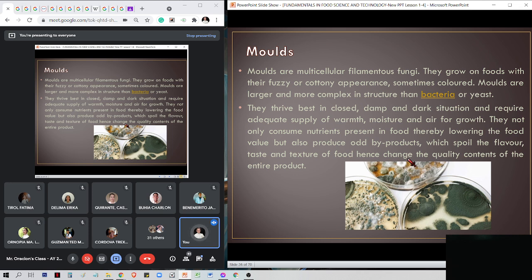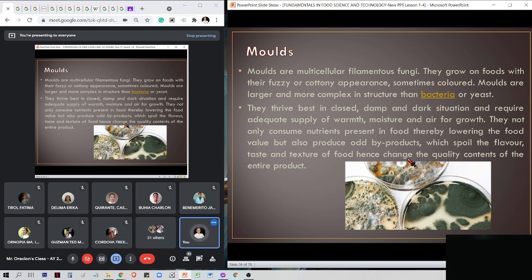Commonly, once there are molds on your food, it is automatically spoiled and the entire food is already destroyed.